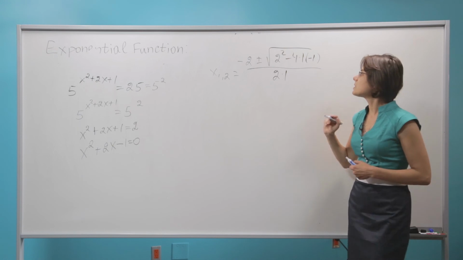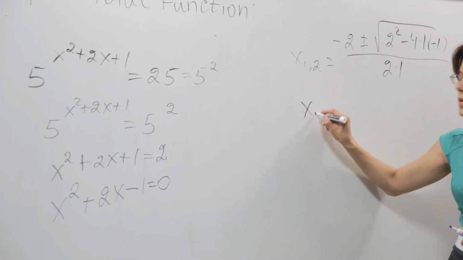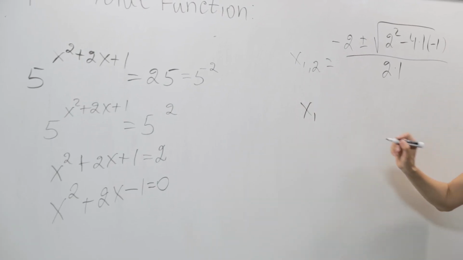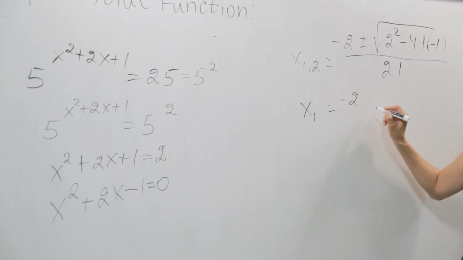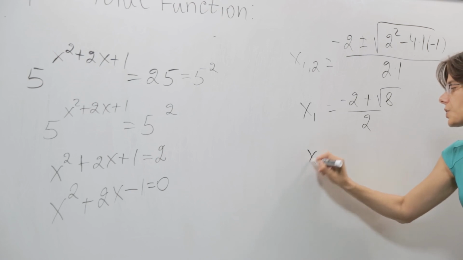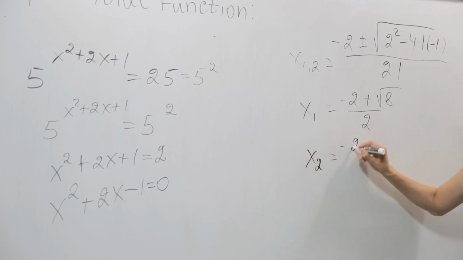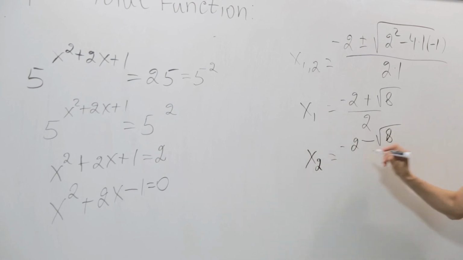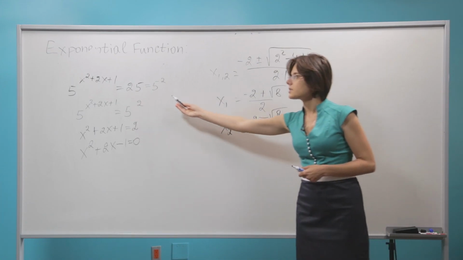So now if we solve this, we obtain that x1 would be equal to minus 2 plus square root of 8 divided by 2, and x2 will be equal to minus 2 minus square root of 8 divided by 2. And these would be the solutions for this equation.